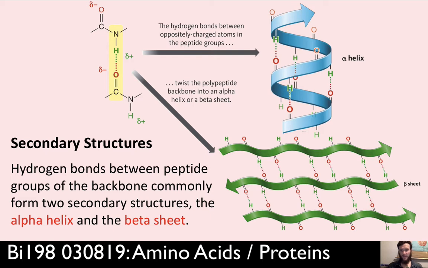And so it forms this sort of tube, this coil, or a helix. We call it an alpha helix. So this is one of the two types of secondary structure.